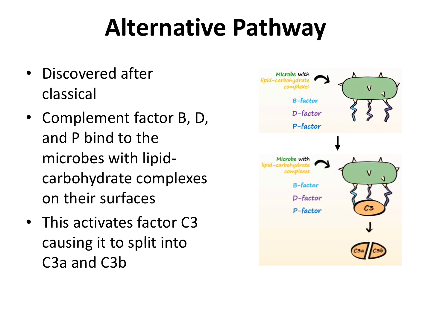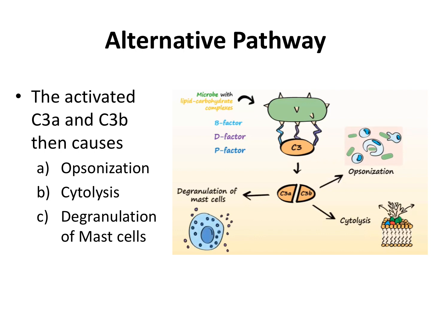You can see here how they bind to the microbe with their lipid carbohydrate complex: factor B, factor D and factor P. This activates C3, causing it to split into C3a and C3b. So they cleave C3 into C3a and C3b, and then these three cause opsonization, cytolysis and degranulation of mast cells.